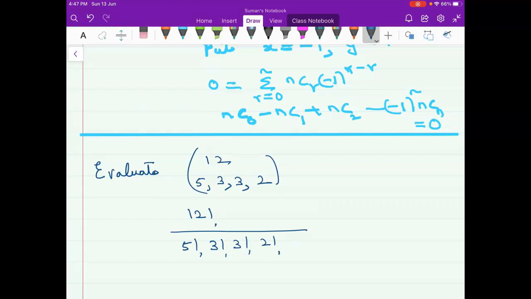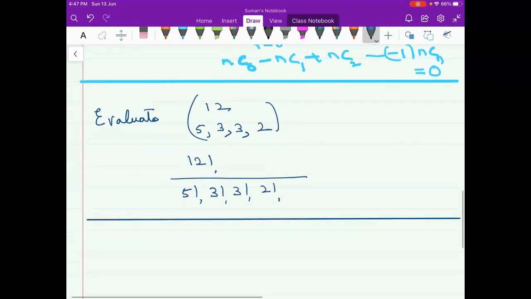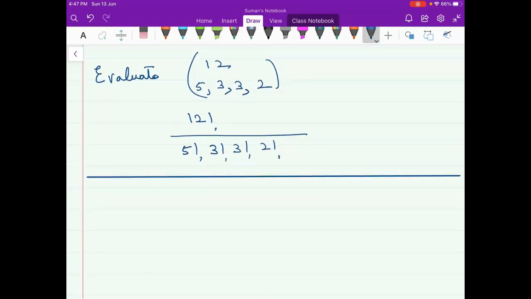And you could calculate this using your calculators. So I will leave the calculation to you. So we are using the property that nC r1, r2, r3 is n factorial by r1 factorial into r2 factorial into r3 factorial.